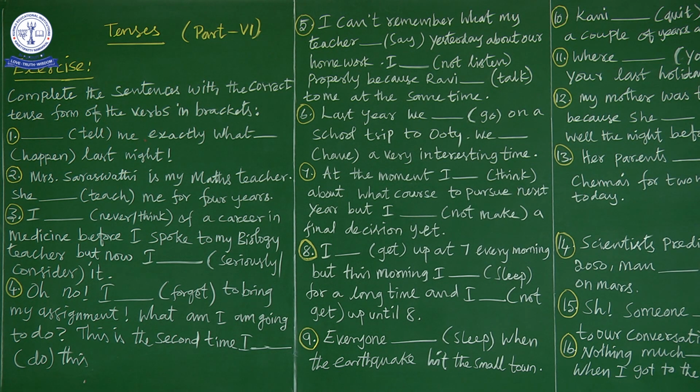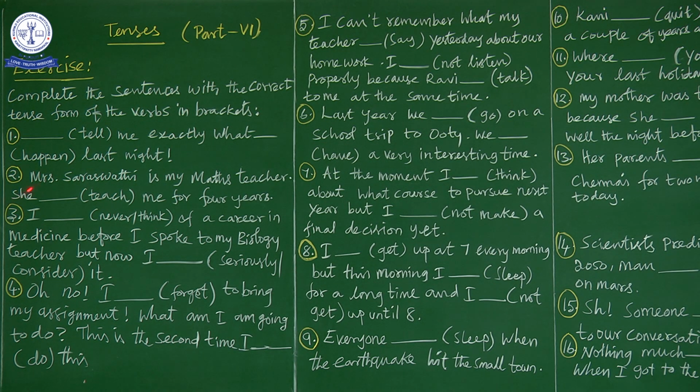Dash, tell me exactly what dash happened last night. Now we have to find out the keyword in the sentence. What is the keyword we have? Last night. So here, what happened last night? Last night is the keyword for which tense? For simple past tense.